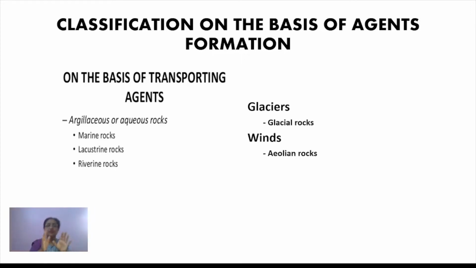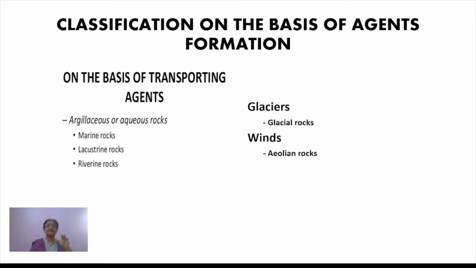So what about these agents? Basically, you will find 4 or 5 agents of weathering, erosion or gradation, as we call it.